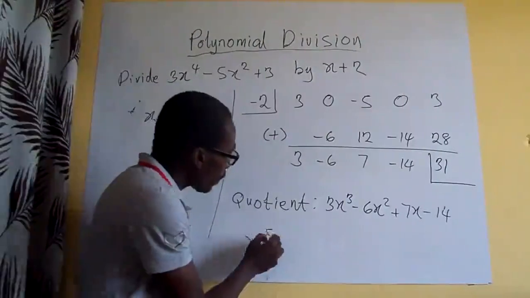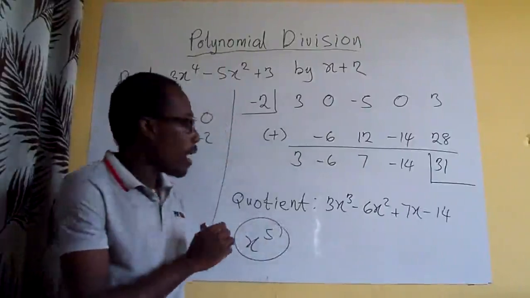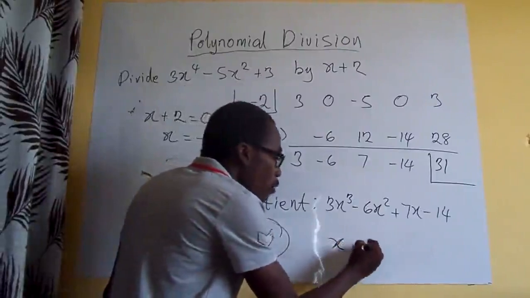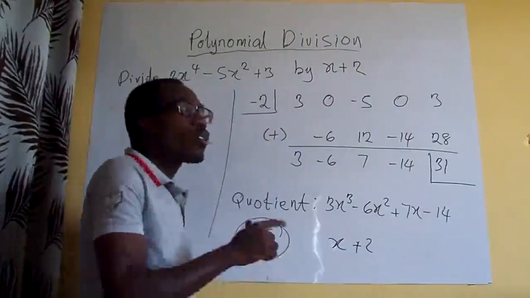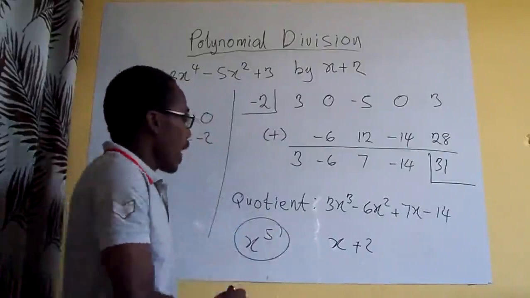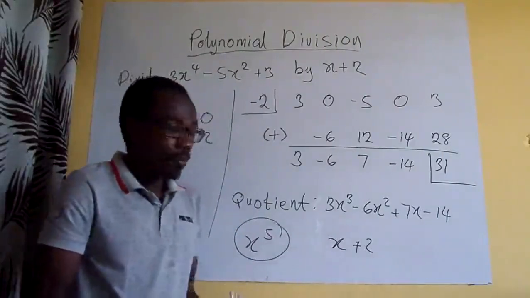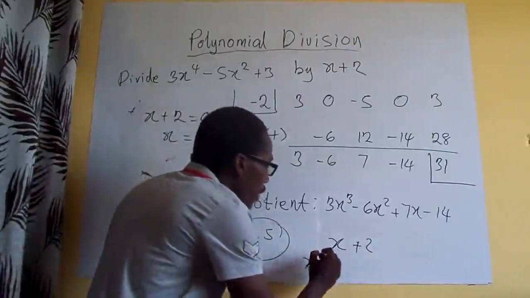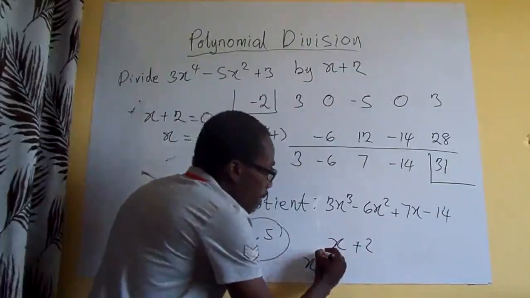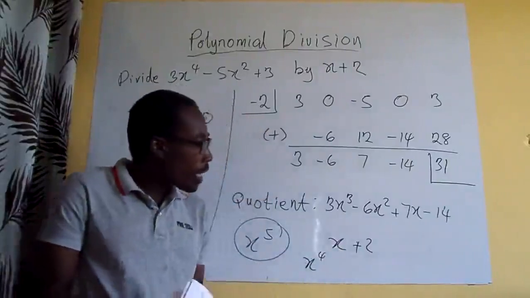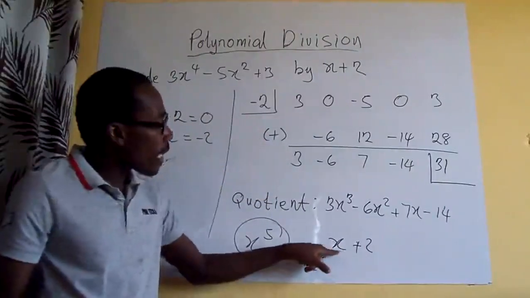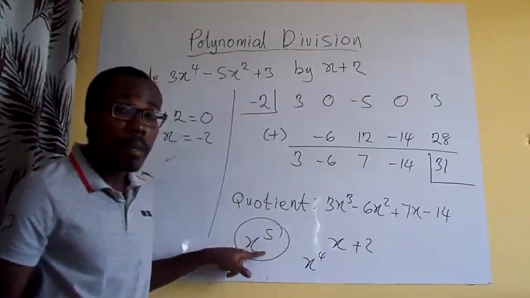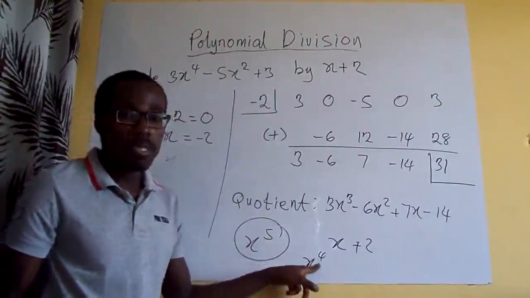So if the highest power you can see is x to the power 5, and you divide this by a linear function, say x plus 2, okay, the result of your quotient will be a polynomial with the highest exponent of x being to the power 4. So it's more or less in reverse: the divisor divides the highest term of the dividend and reduces it by 1.